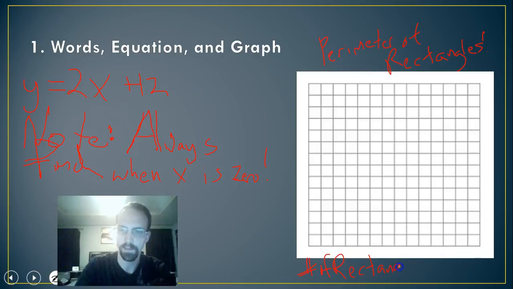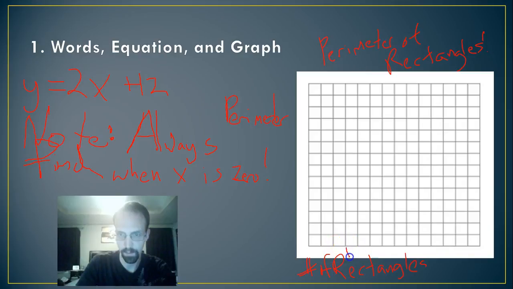And then my y-axis is going to be perimeter. My perimeter depends on my number of rectangles. All right, so let's go ahead and put that in.